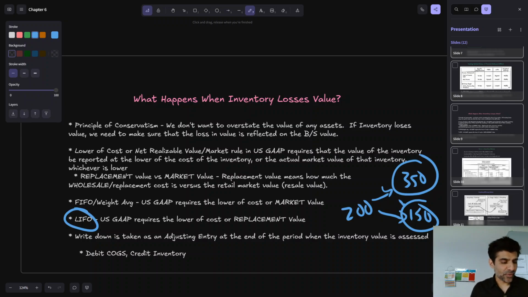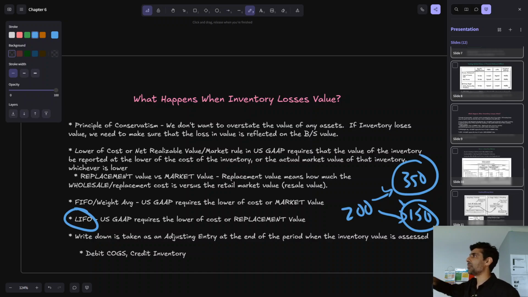The standard for LIFO is more strict because they want to prevent these layers forming where you bought something like 10 years ago and it's still held in your inventory at some inflated value. If you're using FIFO or weighted average, you're looking at the market value because you're assuming that the inventory value is more fresh, because you're cycling through your older inventory.